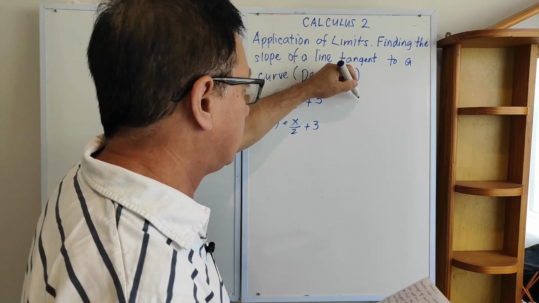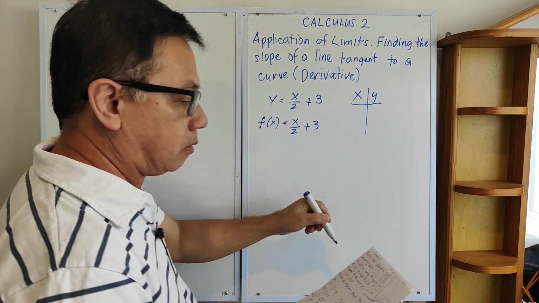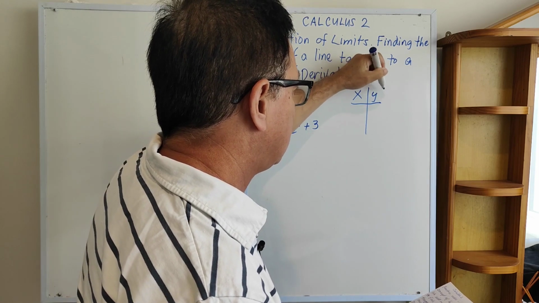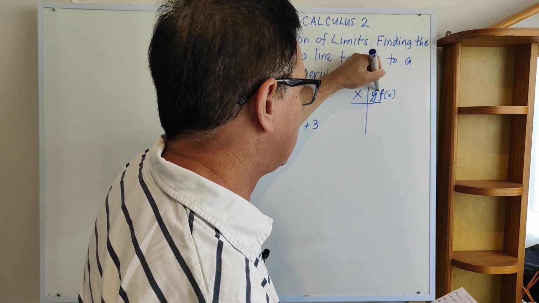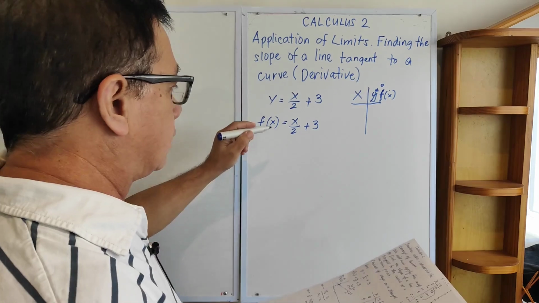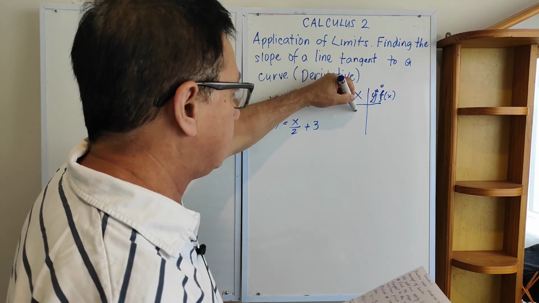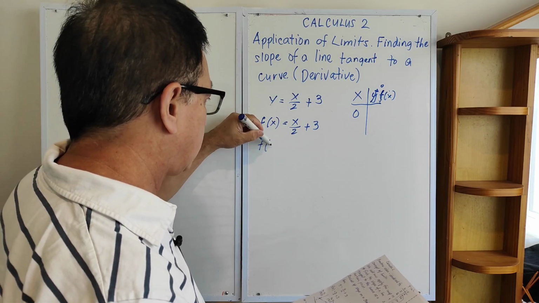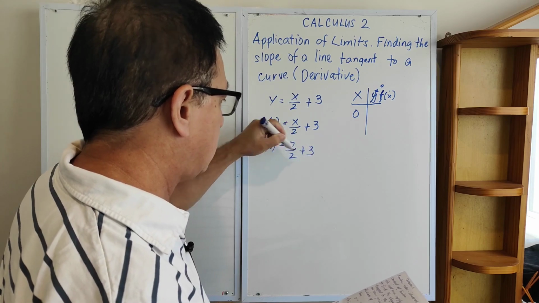So let's just plot 2 points. Instead of y, we will be using f of x, so we won't be using this one anymore. For example, if x is 0, you write it like this: 0 over 2 plus 3.